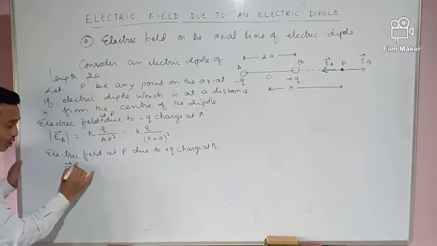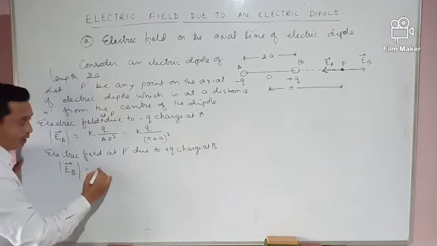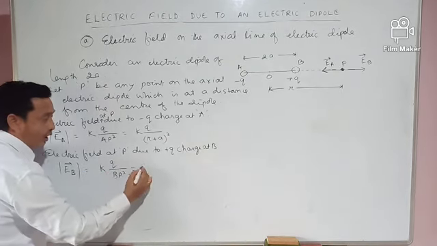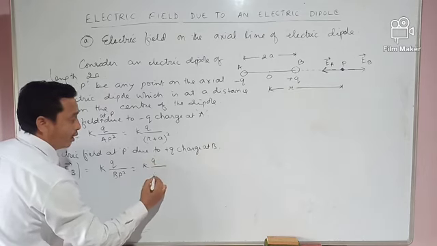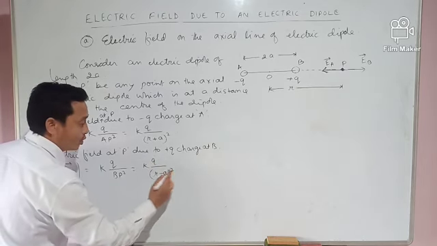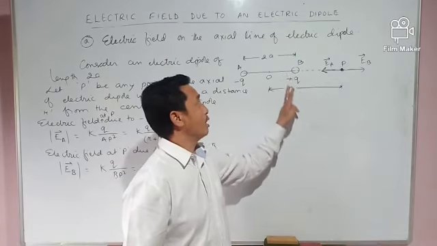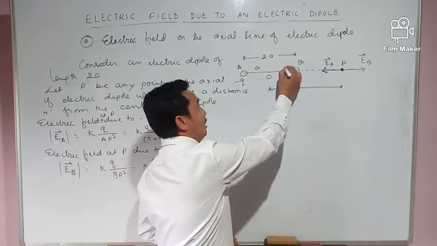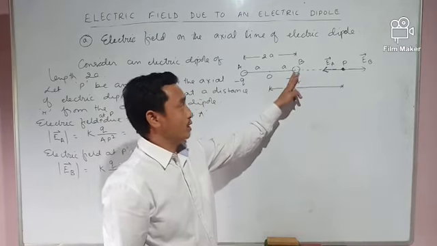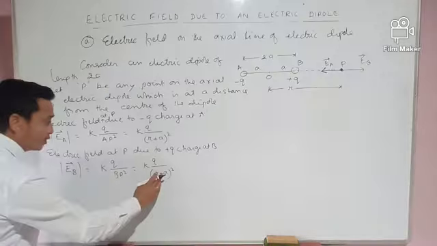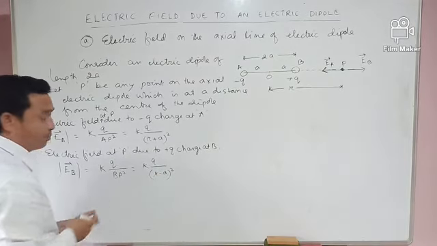I will write the magnitude of the electric field: E equals kq by BP square, and it is kq by (r minus a) whole square. That is the distance square. So the distance from here to here is r minus a, since this is a and this is a. So r minus a is equal to BP. Now (r minus a) square is BP square.